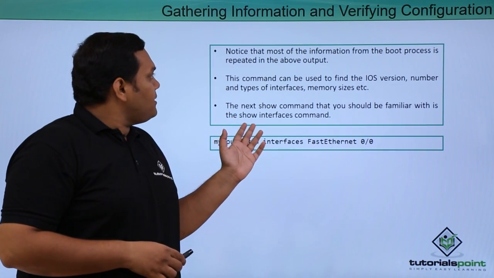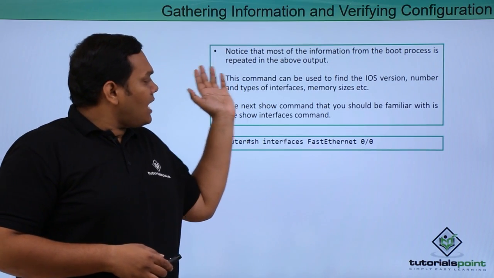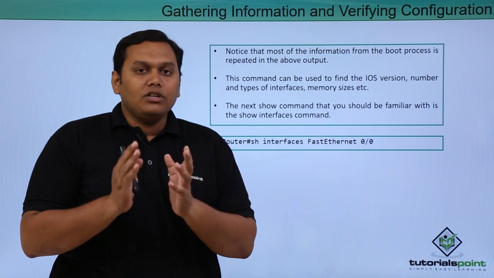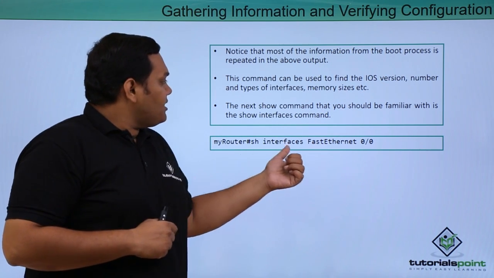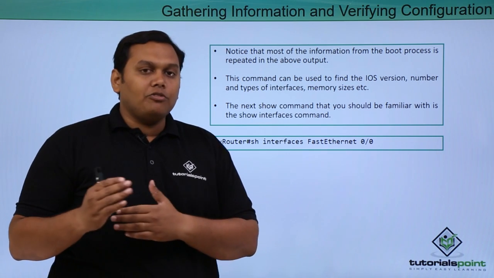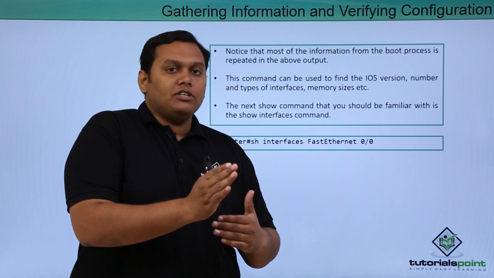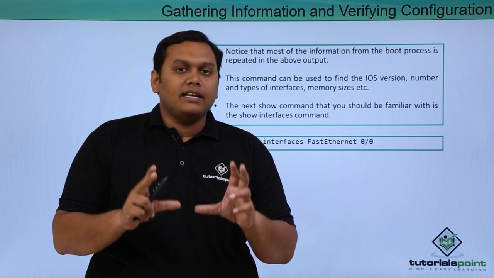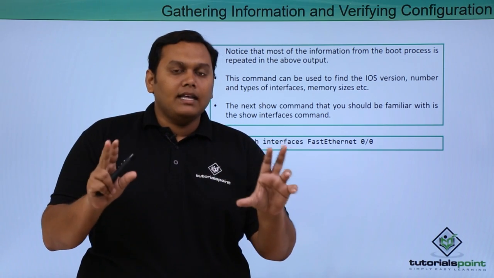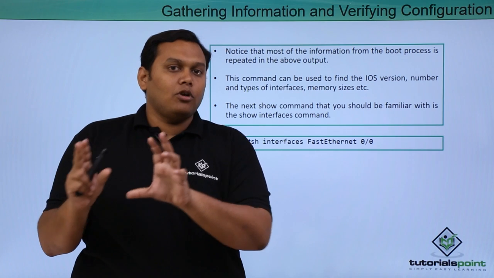Coming to the next step, when you start the boot process, you notice some banners here, like interfaces FastEthernet. When you configure the Ethernet or the interface of the router, you see the banner prompting or helping with how many interfaces are available on the router.